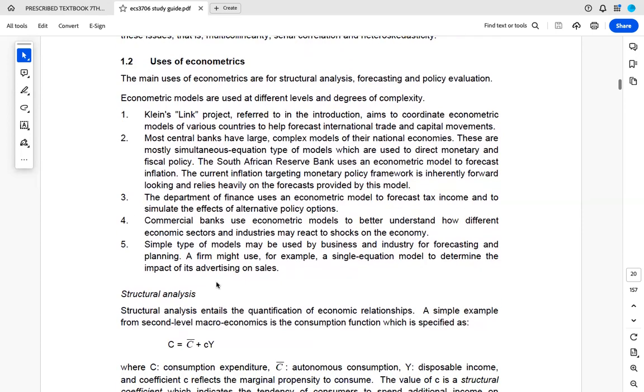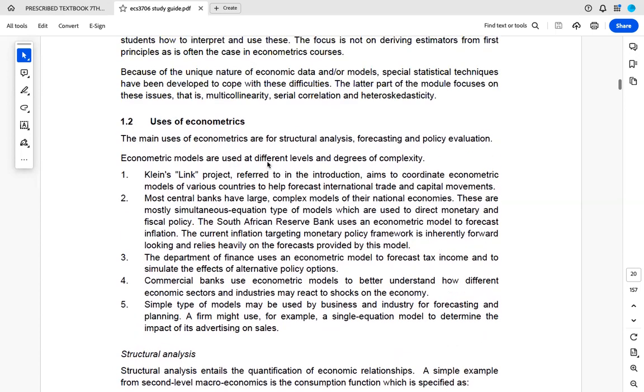So they have many uses. Simple types of models may be used by business and industry for forecasting and planning. Even the Link project referred to in the introduction aims to coordinate economic models of various countries to help forecast trade and capital movements.